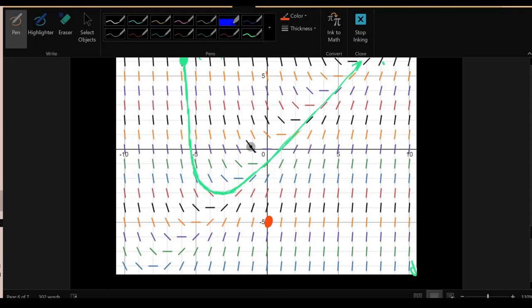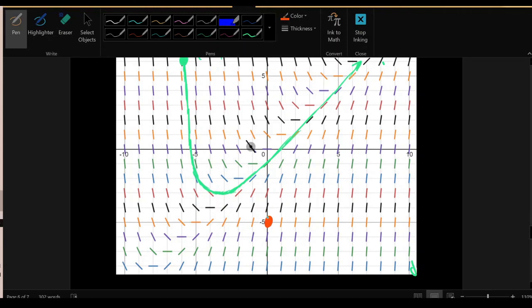Now when I'm drawing the graphs of solutions on a slope field, one of the things that helps me to visualize what I'm doing is to think of the slope field as representing the current of flowing water. And I imagine myself dropping a leaf onto the water at the location 0, -5, and I ask myself, how would the current pull this leaf through the water?